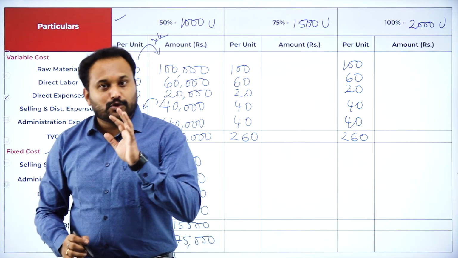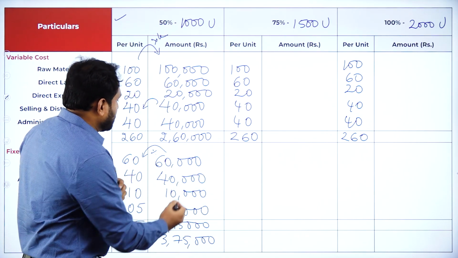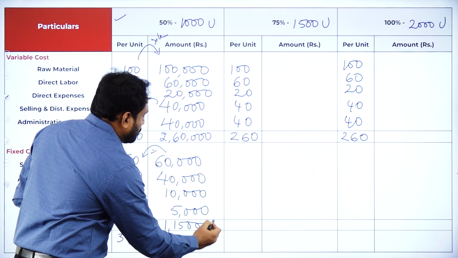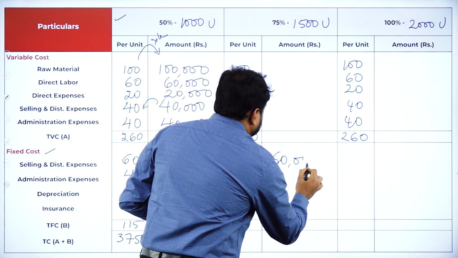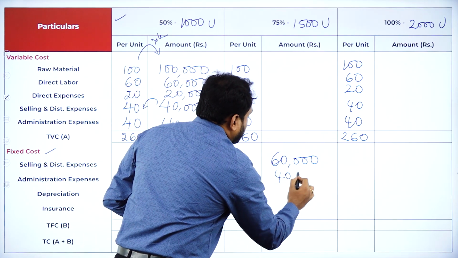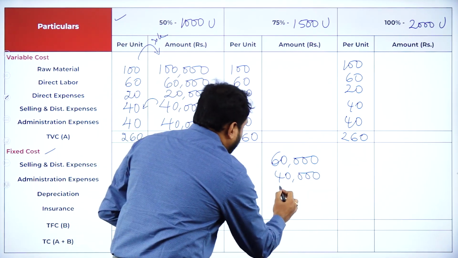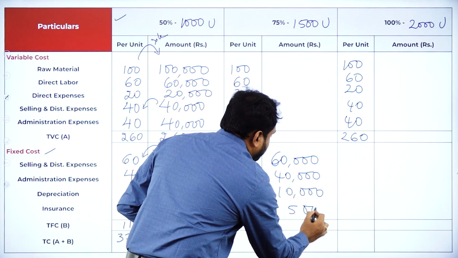And one more rule is there, that total fixed cost will never change. What is the rule? Total fixed cost will never change. Now what is the total fixed cost here? This particular thing is total fixed cost. So again, automatically you just write here 60,000. The same way here, 60,000, 40,000. Then again you have 10,000 and the last one is 5,000.